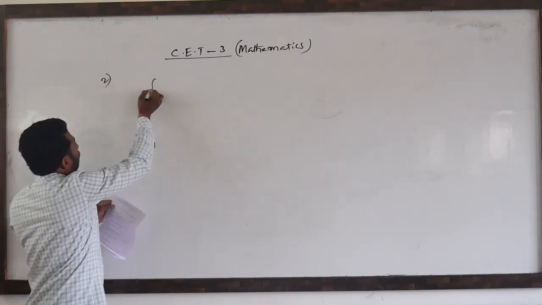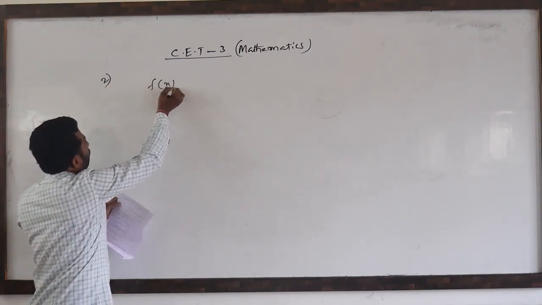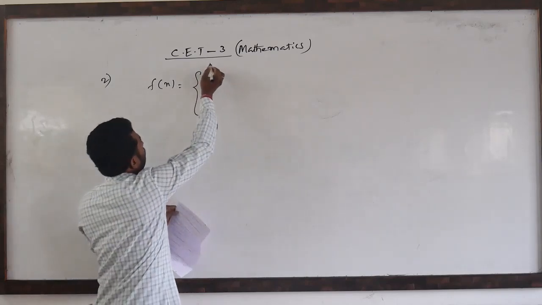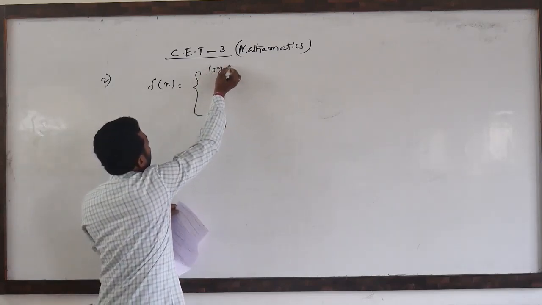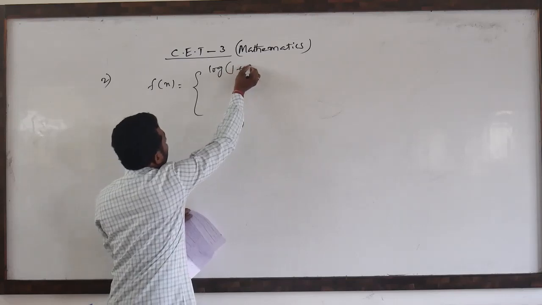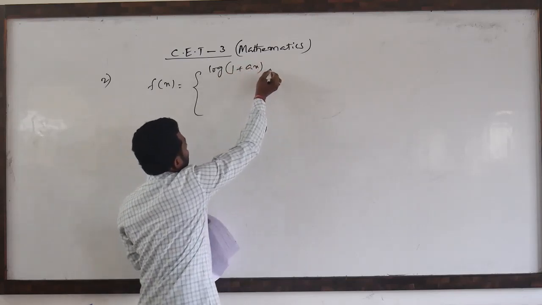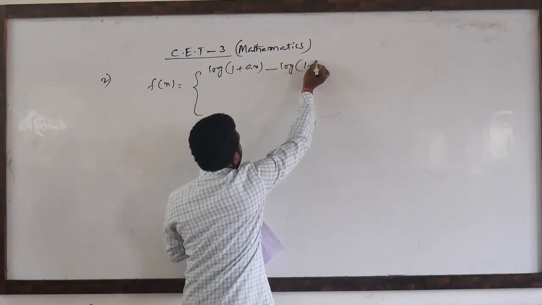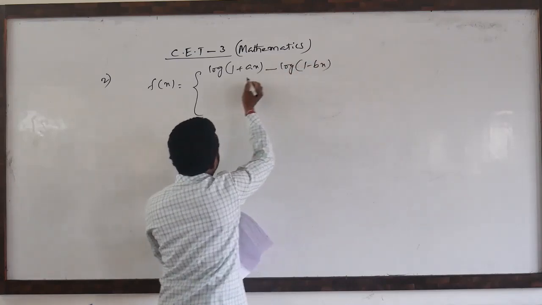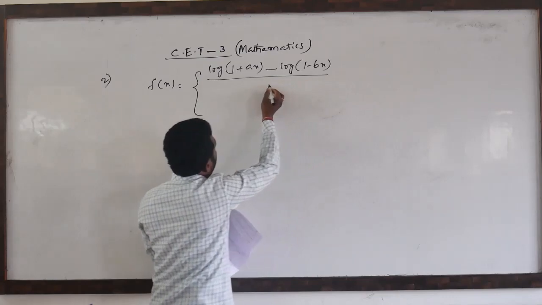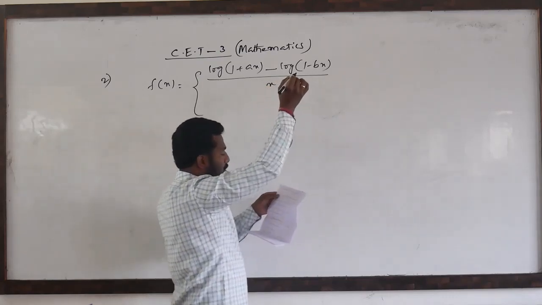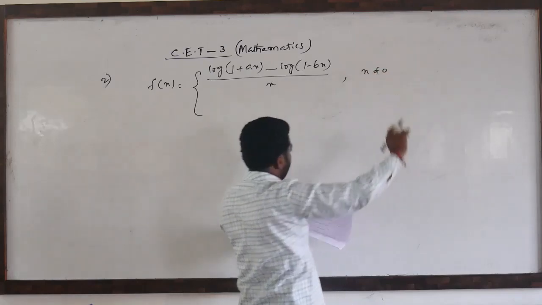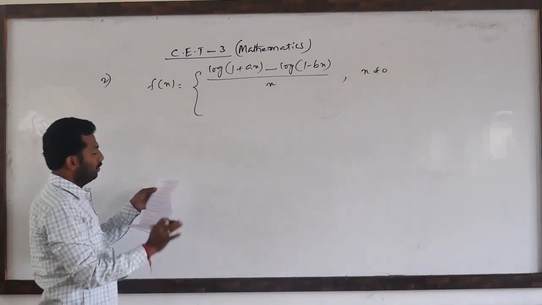so they define f of x equal to two cases. This is logarithm of 1 plus ax minus log of 1 minus bx, divided by x, whenever x is not equal to 0.